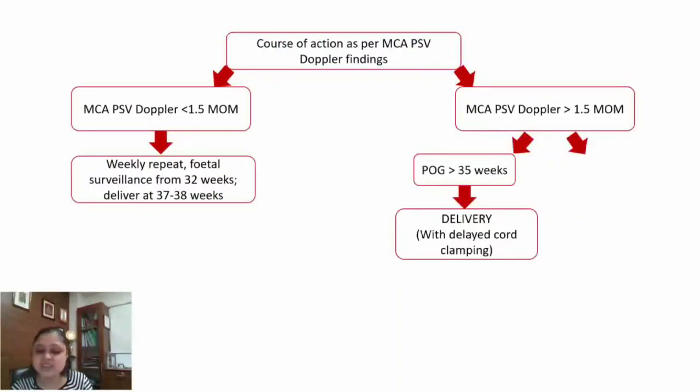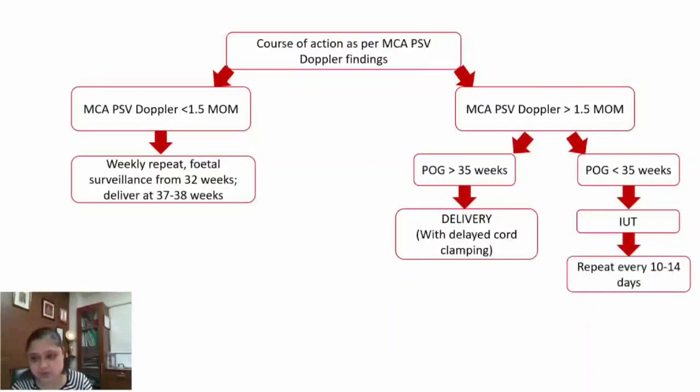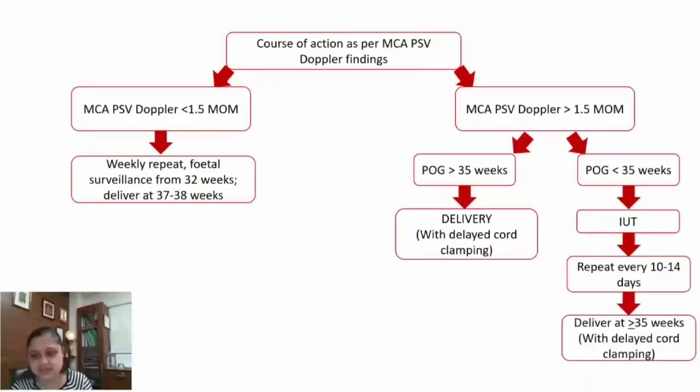That means the fetus is already in an anemic state, so delayed cord clamping will somewhat help to raise the hematocrit of the fetus. However, if the period of gestation is less than 35 weeks, then what are we supposed to do? We have to plan the intrauterine transfusion, right? It should be repeated every 10 to 14 days, and then the fetus is to be delivered by 37 to 38 weeks.